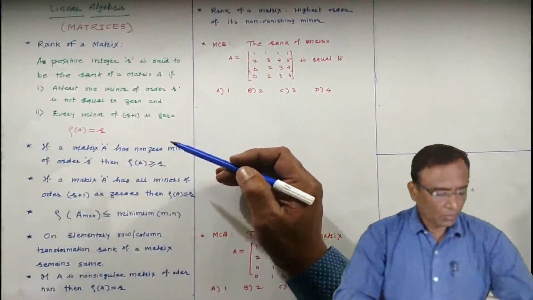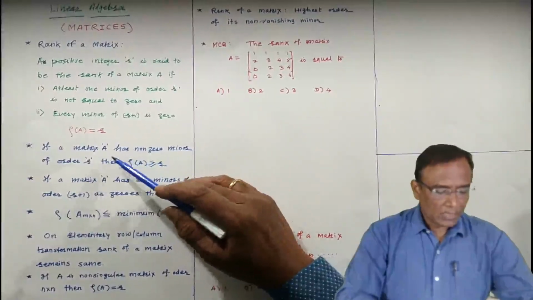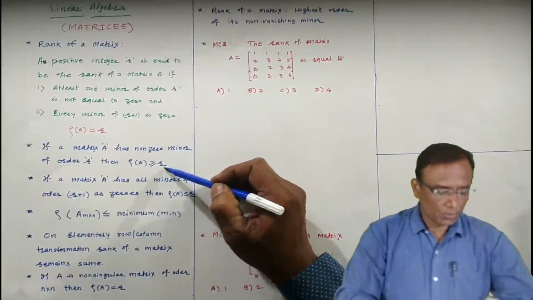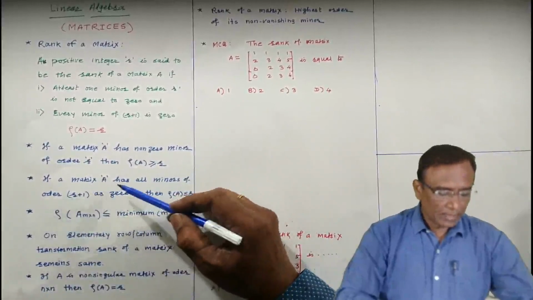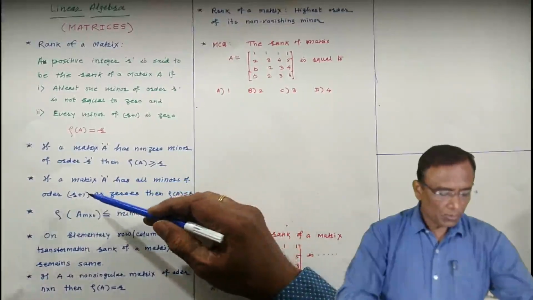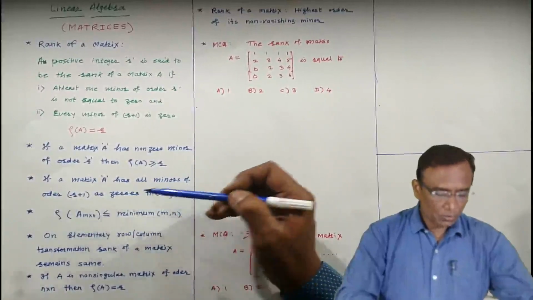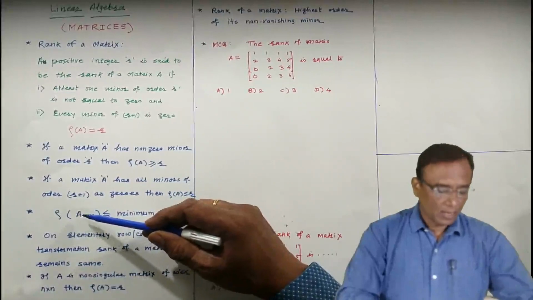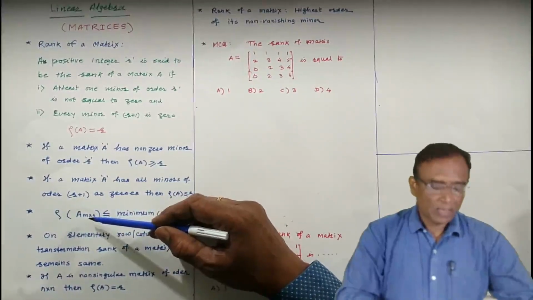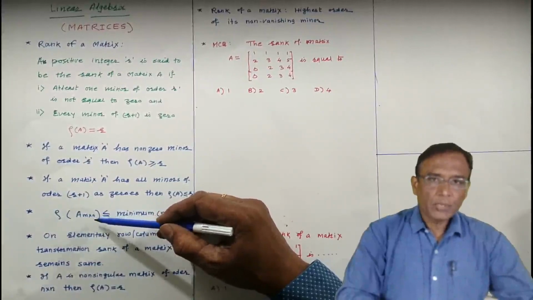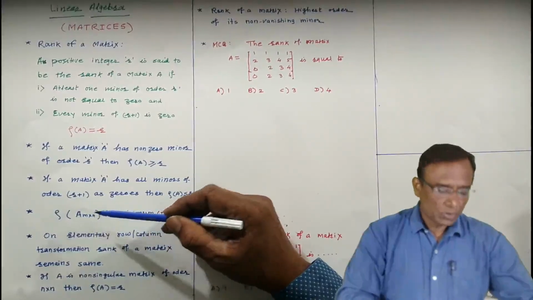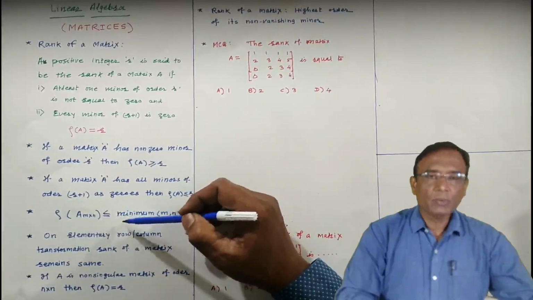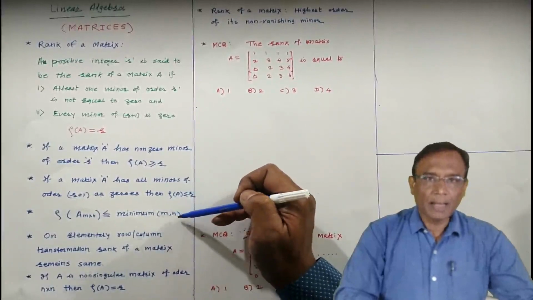And some properties of rank of a matrix. If matrix A has a non-zero minor of order R, then the rank of the matrix is greater than or equal to R. Next, if a matrix A has all minors of order R plus 1 equal to 0, then the rank of the matrix is less than or equal to R. For a matrix A of order m by n, m number of rows, n number of columns, the rank of such a matrix is less than or equal to the minimum of m and n.